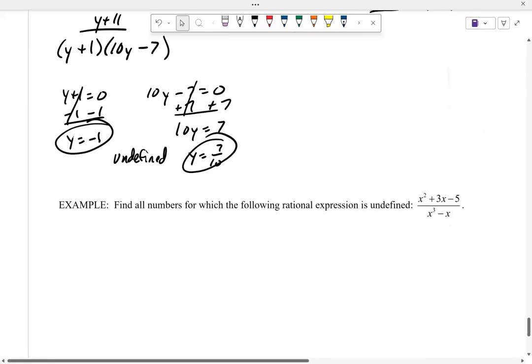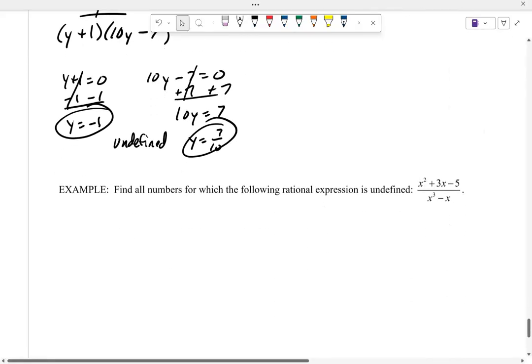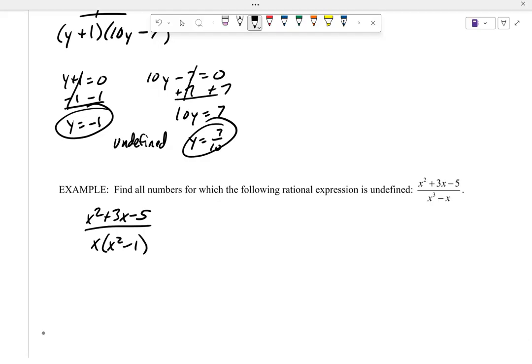Okay. Similarly for this one, if we go ahead and factor, well, the top does not factor. Let's factor an x out of the bottom. Where is it undefined?